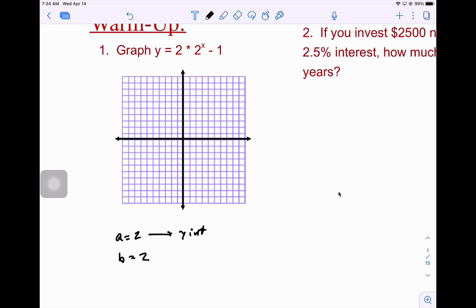No, that's the A value. A is the y-intercept. B tells you what? That's your multiplier. And because your multiplier is bigger than 1, this is going to be exponential growth. So you know you've got exponential growth on this one because of that B value.